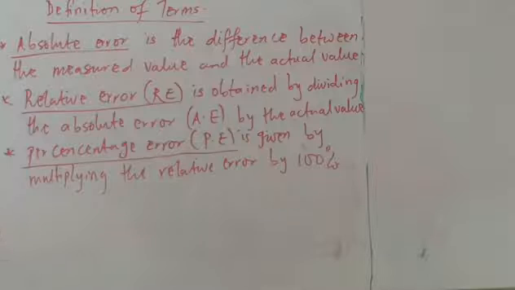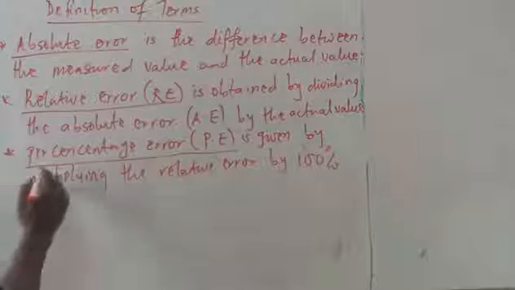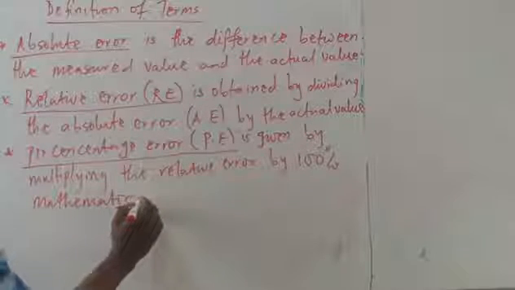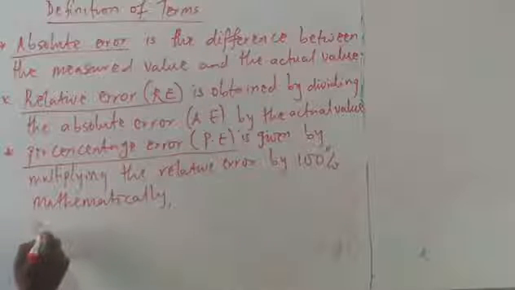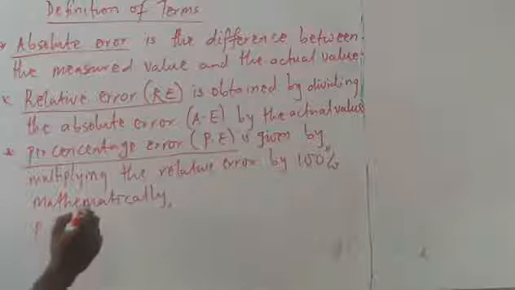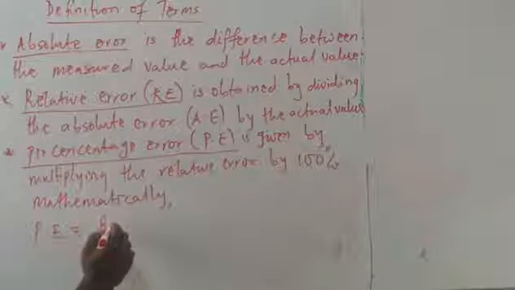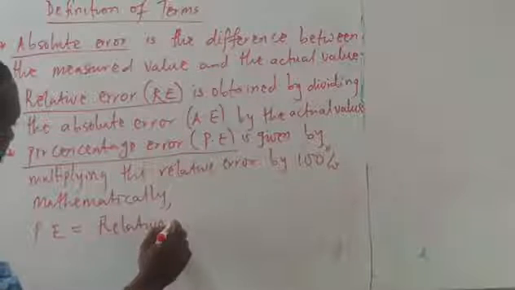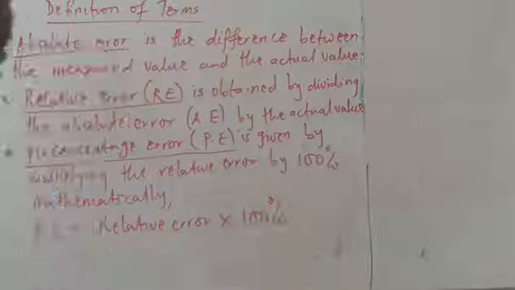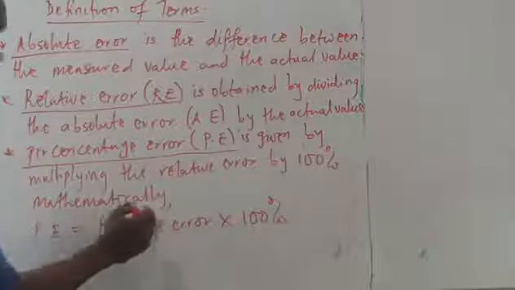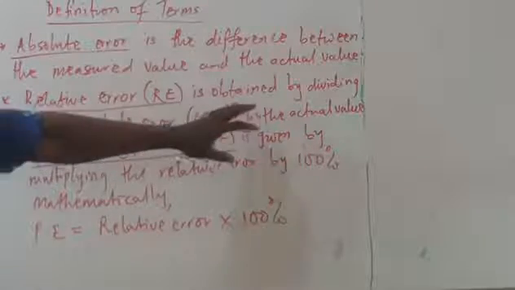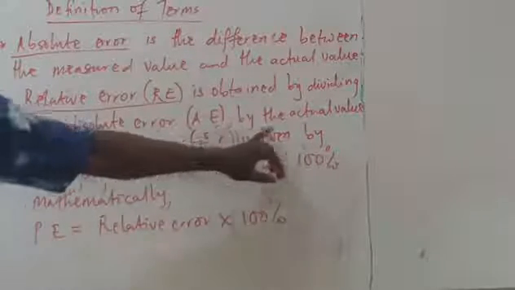The formula to calculate the percentage error, mathematically, percentage error, PE, is given as relative error multiplied by 100%. And what is relative error? Relative error is obtained by dividing the absolute error by the actual value.